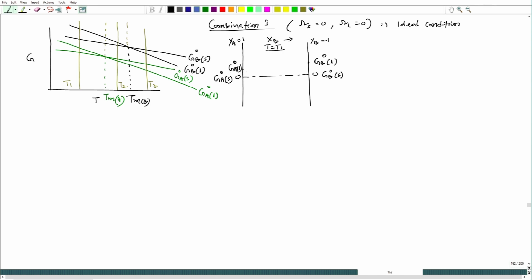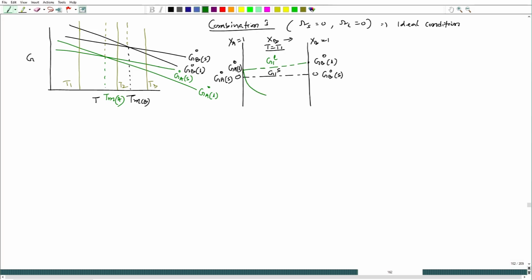Let us say I am indicating solid with green color and liquid with black color. So, this would be my G1 of solid and this will be G1 of liquid, and correspondingly the plots for solid and liquid G2.